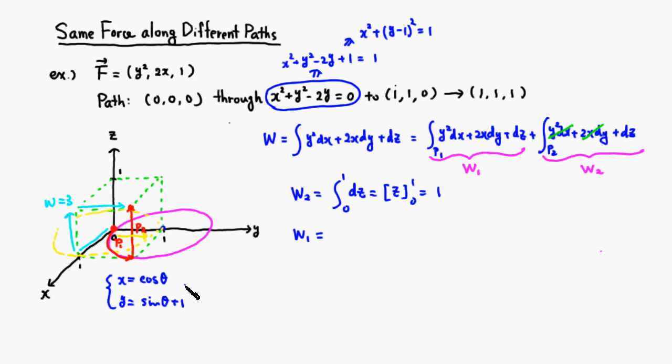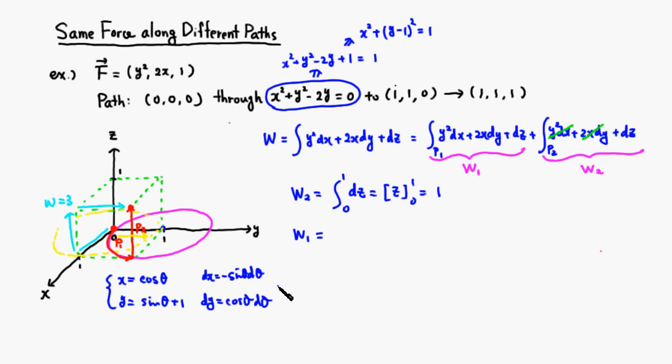Then we can find the differentials: dx is negative sine theta d theta, and dy is cosine theta d theta.